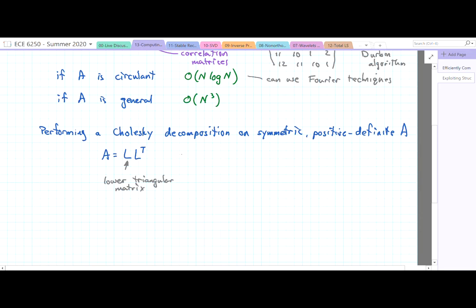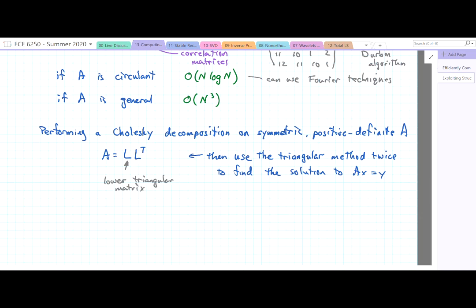And once we've done this, then we use the triangular solution method that we talked about on the previous page twice to find the solution to Ax equals y.